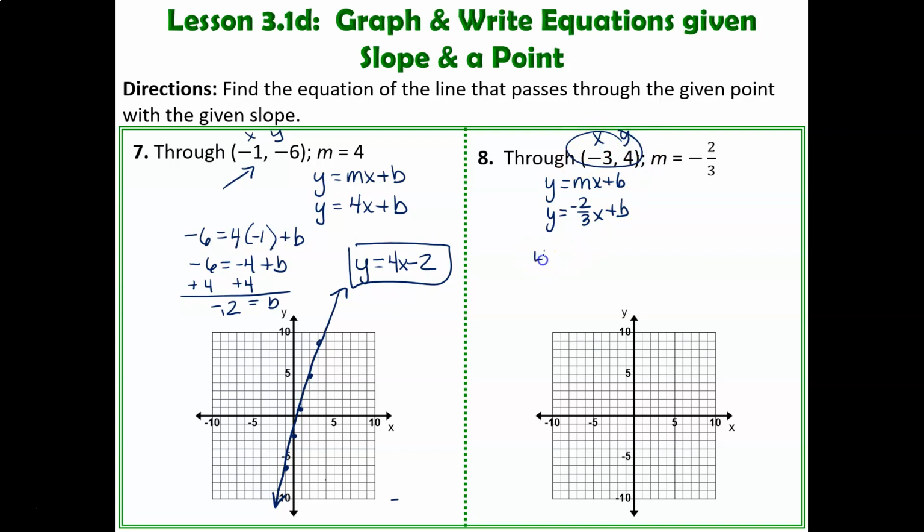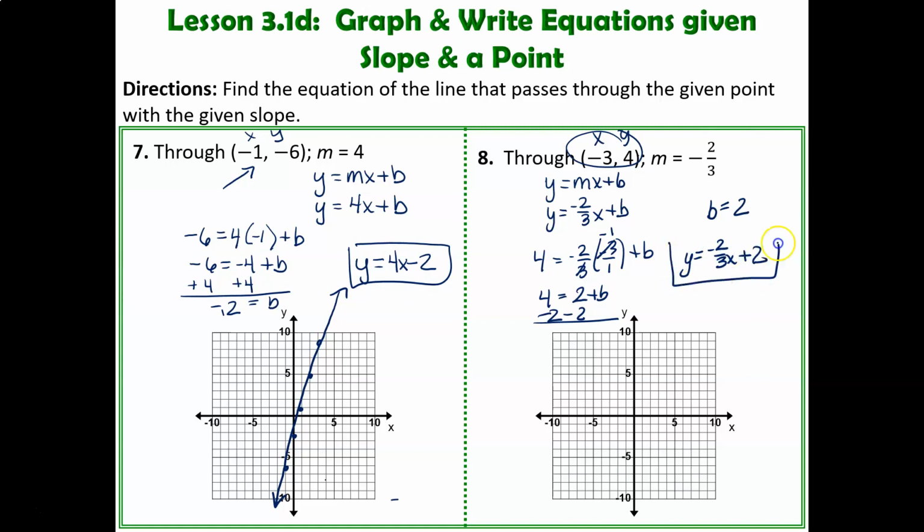I'm going to plug in the 4 for y and the 3 for x. I'm going to cancel here. So I have 4 equals 2 plus b. When I subtract 2 from each side, b is 2. So now I'm going to plug that in: y equals -2/3 x plus 2.